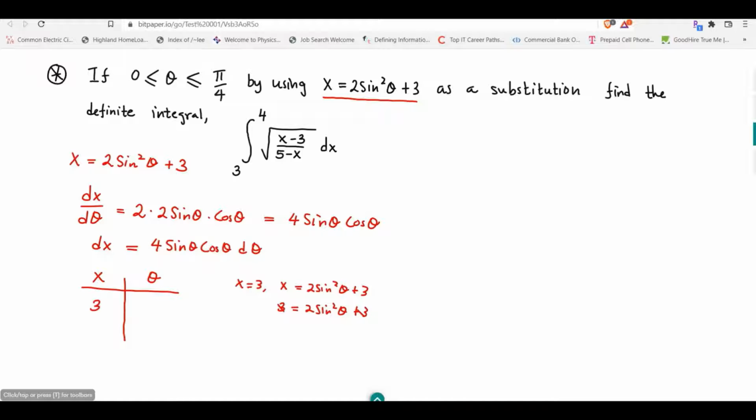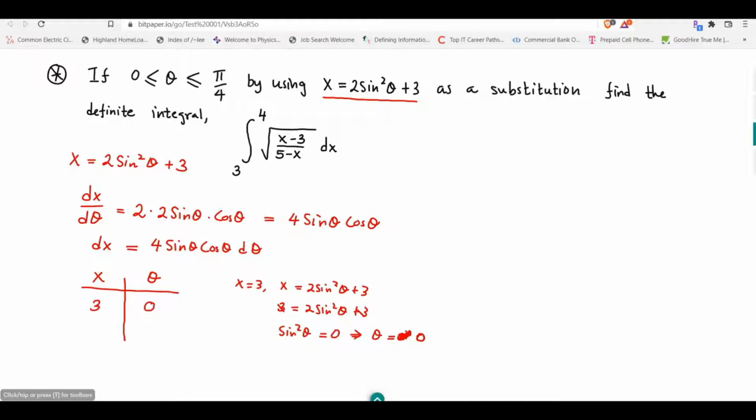Then we have sine squared theta equals 0, so sine theta is equal to 0. This implies that theta is going to be 0. We'll put radians instead of degrees, okay? So that's going to be just 0 radians. So here it's going to be a 0.